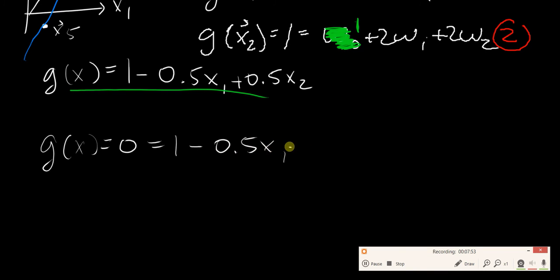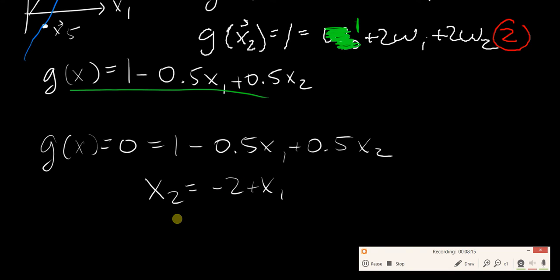Then you can write it in terms of either x1 or x2, I believe. I usually write it in terms of x2. Please correct me if that turns out to be wrong. Once you rearrange that, you end up getting x2 equals negative 2 plus x1, or x1 minus 2.